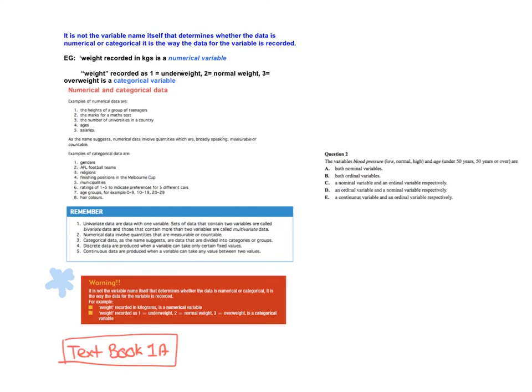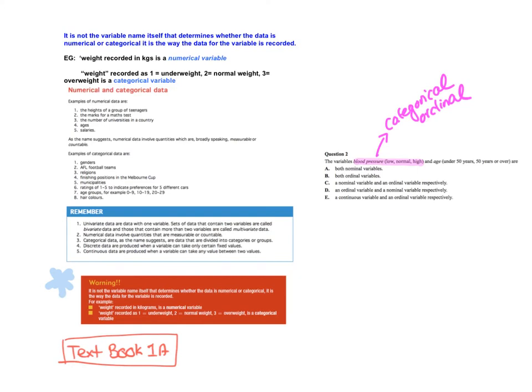Here was another exam question that wasn't done well. The variable is blood pressure: low, normal, high. First of all, what do you think that is? Good, it's categorical, and it's ordinal, because I know low blood pressure is lower than high blood pressure.